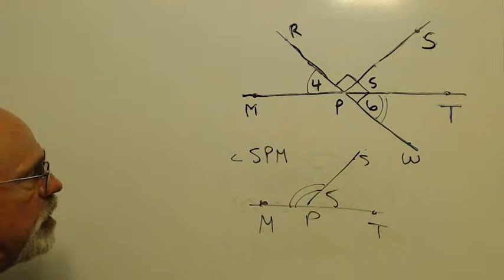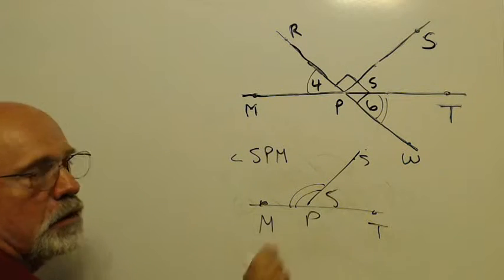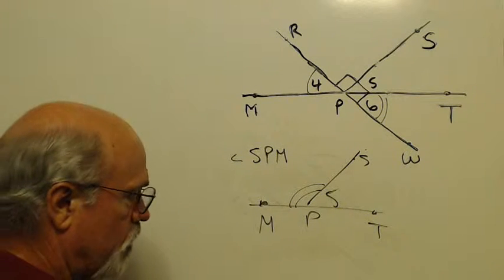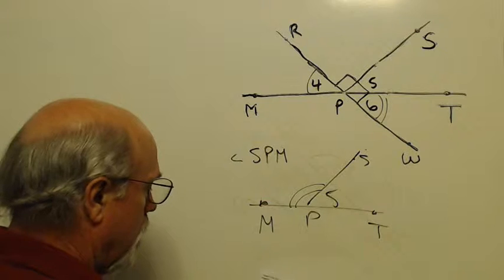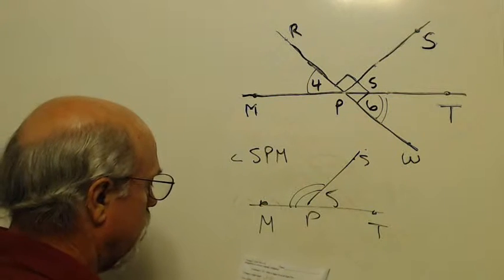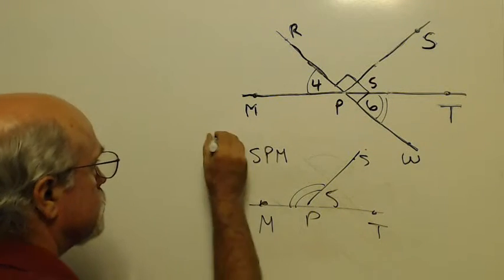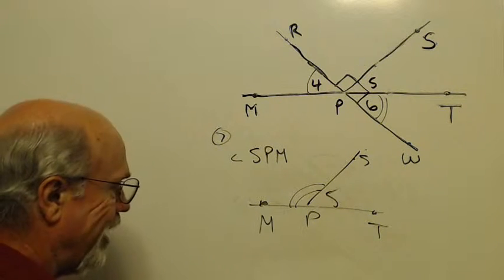So angle SPM forms a linear pair with angle 5. That was problem number 7. Problem number 8.